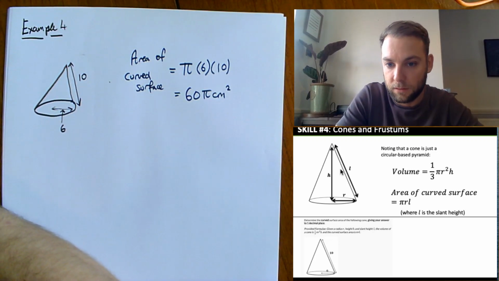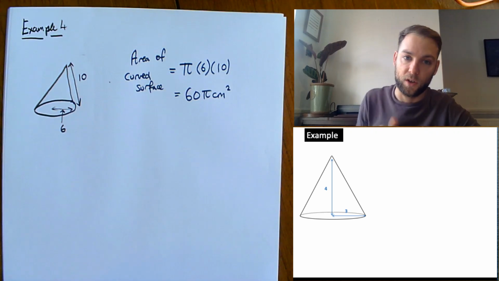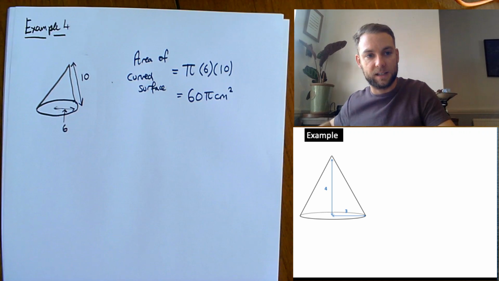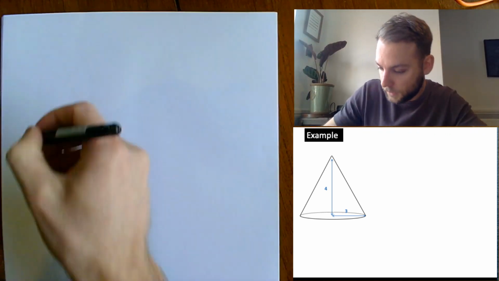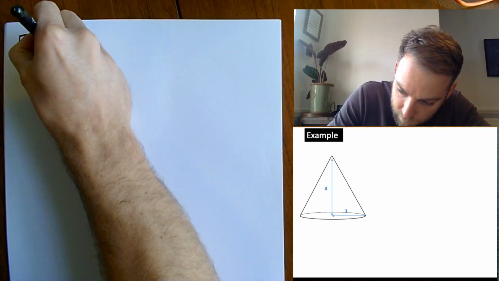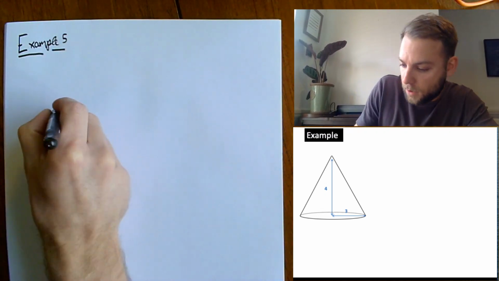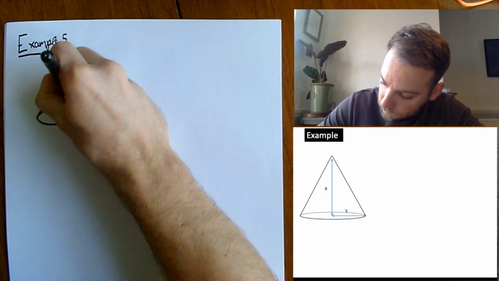So let's have a look at one now where we are trying to find the full surface area, okay? So get this one down. This is example 5. So we've got our oval at the bottom.